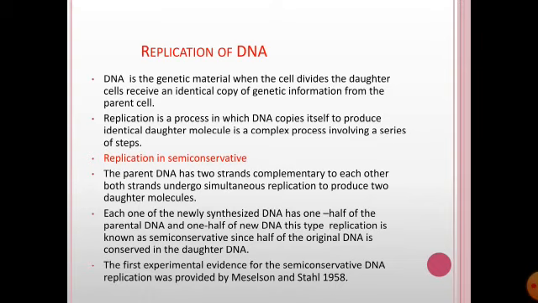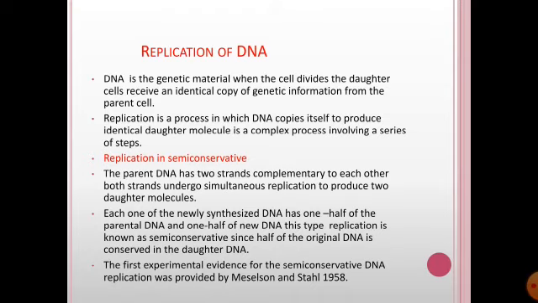In replication, the DNA molecule can synthesize two new DNA strands, because DNA is double helical. The parent strands can synthesize the new offspring strands. In semi-conservative replication, the parental DNA has two strands, both complementary to each other.